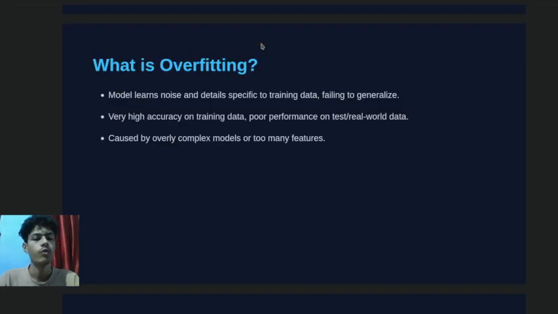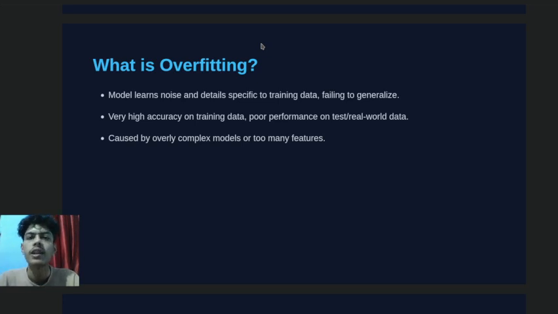And what is overfitting? Overfitting is when the model learns noise and details specific to the training data, failing to generalize. It shows very high accuracy on training data but poor performance on test and real-world data, caused by overly complex models or too many features.